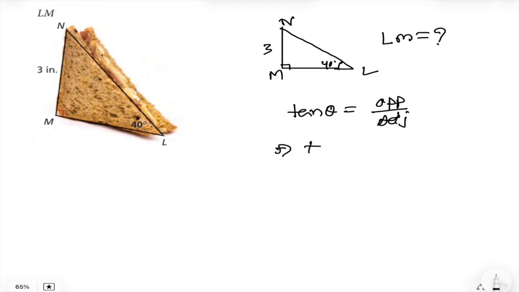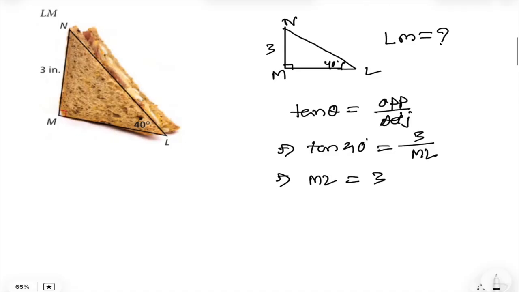Tan 40 degrees. The theta value is 40 degrees. Opposite is 3 and adjacent is ML. So ML equals 3 over tan 40 degrees.